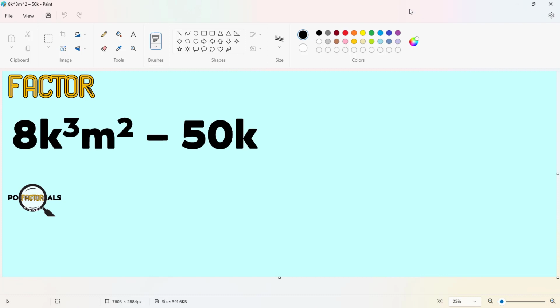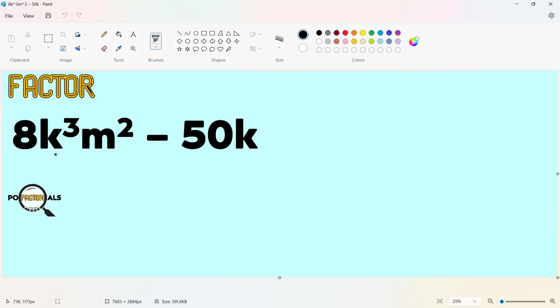Since this is a binomial expression and the terms are separated by subtraction, we're going to consider this as a difference, difference of two squares or difference of two cubes. But if we look closely at the terms, 8 is neither a perfect square nor a perfect cube, as well as 50, as well as the literal coefficients.